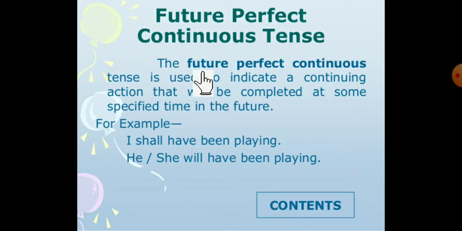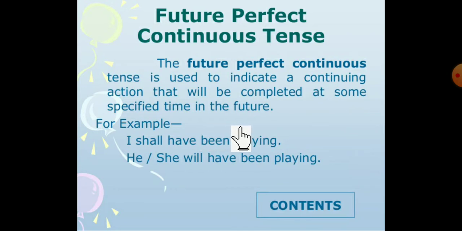The future perfect continuous tense is used to indicate a continuing action that will be completed at some specified time in the future. It should be completed in the future. What is the formula of the future perfect continuous tense?